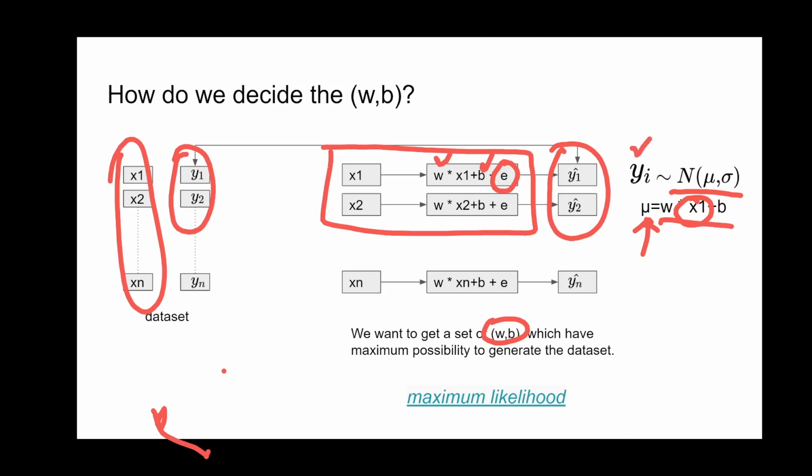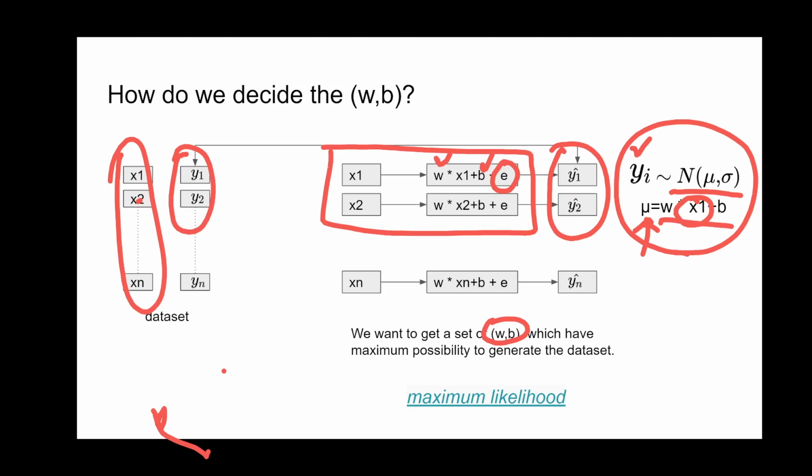So in this way, we can generate a data set. For example, we know x1, x2, up to xn, so we can substitute the x into this formula and do a sampling to get the y hat.